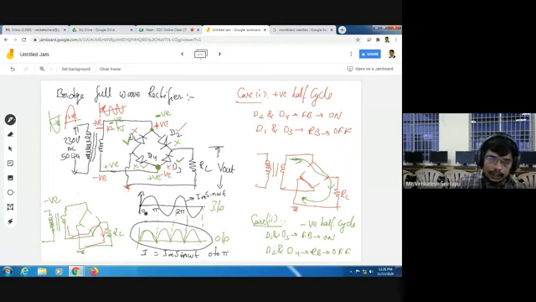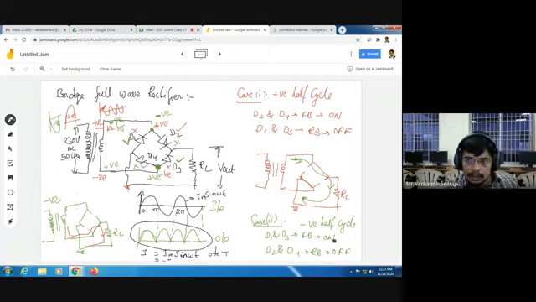See here for the negative half cycle, for the input waveform the equation is Im sin omega t. But here I am getting the opposite of this waveform. So the equation at that point is minus Im sin omega t.